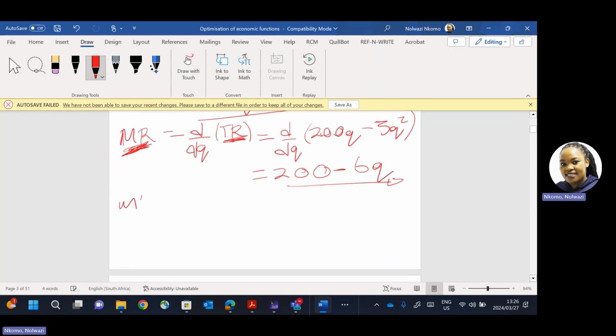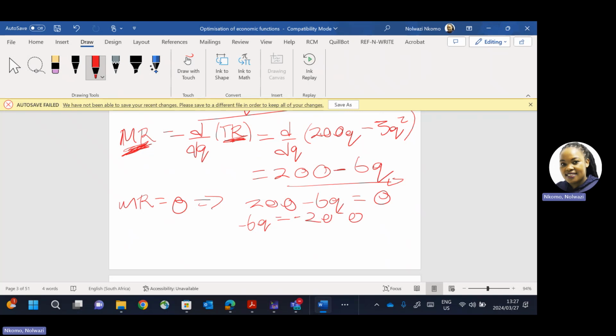If we let the marginal revenue equal zero, this means we have 200 minus 6Q equals zero. If we solve for Q here, we'll have minus 6Q equals minus 200.